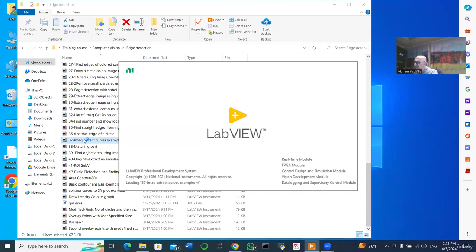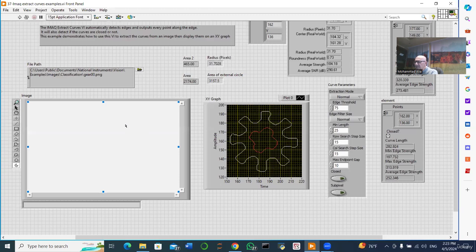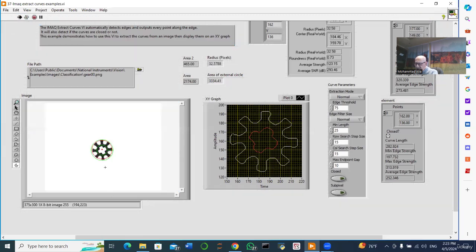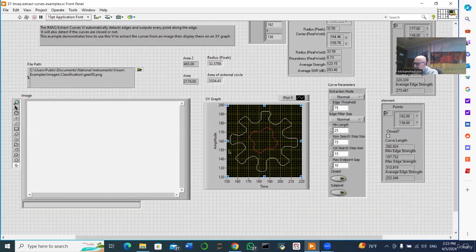In this example, if we run the program, this is the initial image. As you see, we have two configurations. Here they are clearer shown: the outer configuration and the inner configuration. Those are extracted and drawn by me.